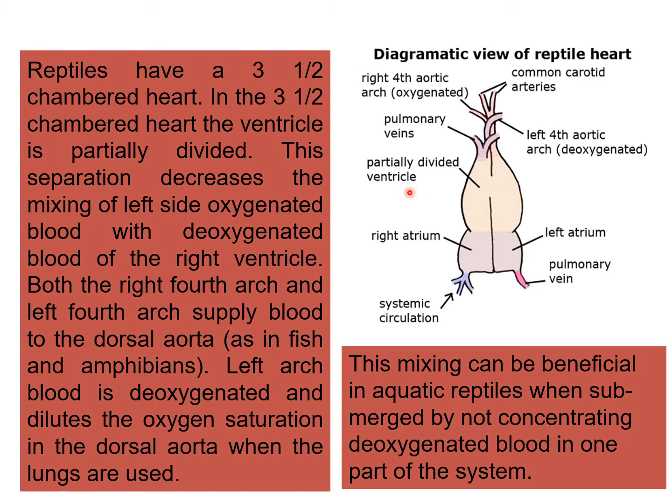This is the partially divided ventricle, right atrium, left atrium. This is the pulmonary vein, systemic circulation. This is the left fourth aortic arc, deoxygenated. This is the right fourth aortic arc, oxygenated, and this goes toward the common carotid arteries.